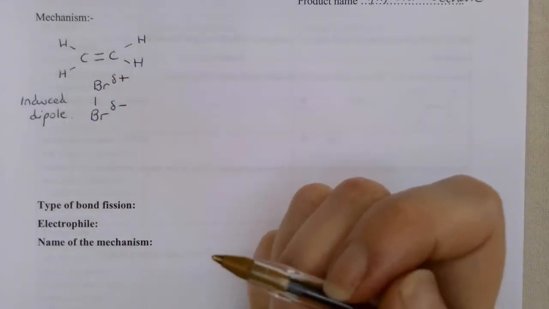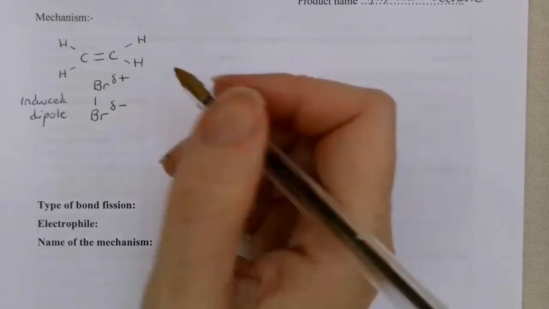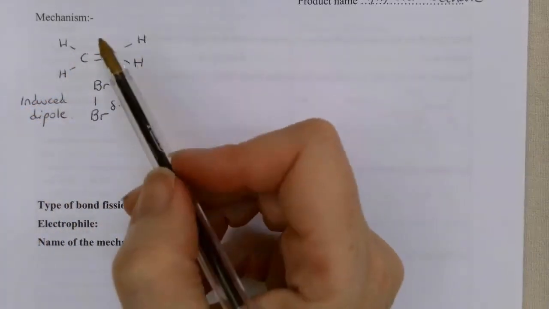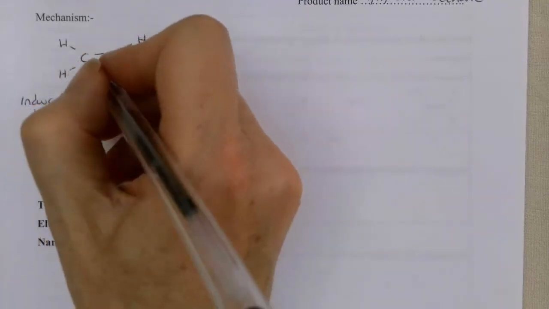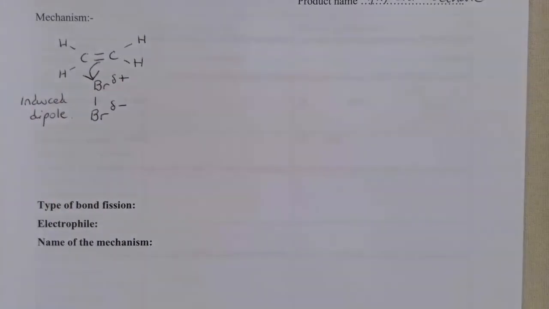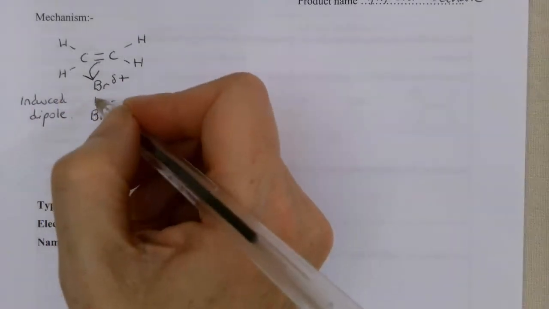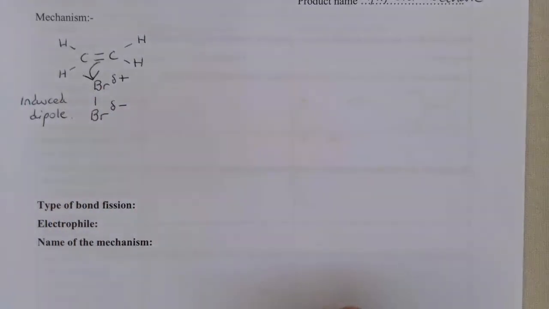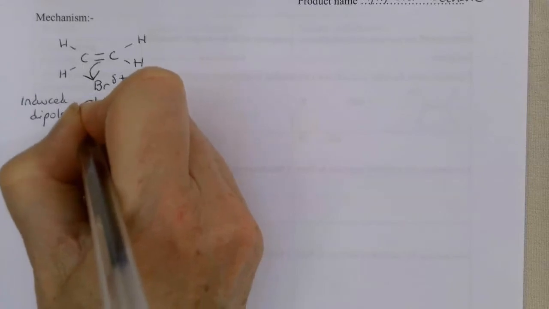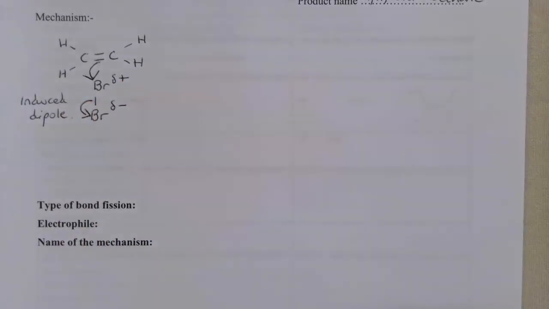Then the mechanism becomes very similar to the first one you've seen. The electrons in the bond between the two carbons, that's my pi bond here, come out towards that Br delta positive. The electrons in the bond between the two bromines go from the bond onto that bottom bromine.